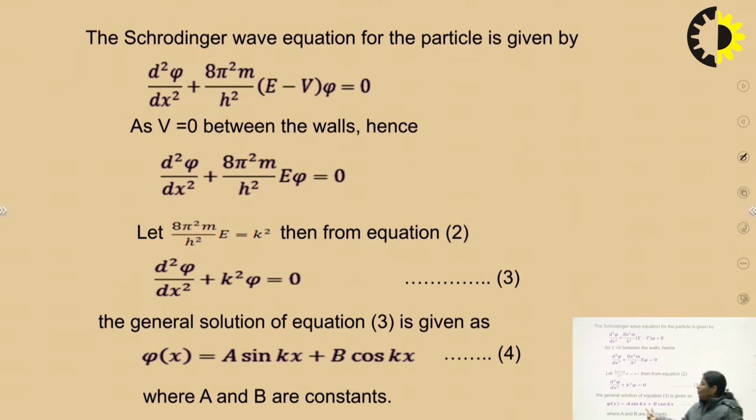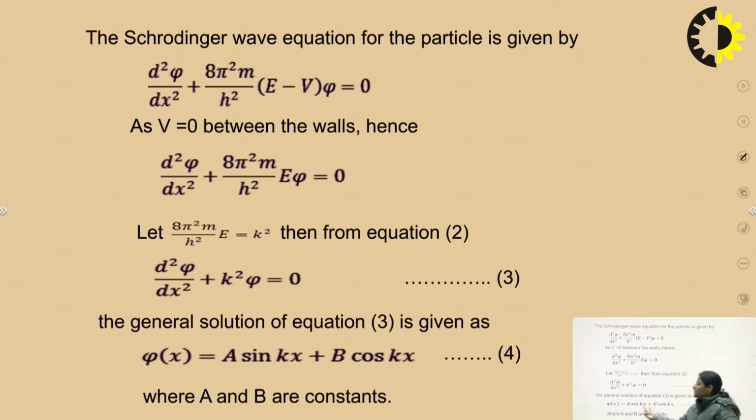This is the most general and suitable solution for this differential equation. Here A and B are treated as constants, k we already know that we have defined, and x is the position of the particle which it is moving.